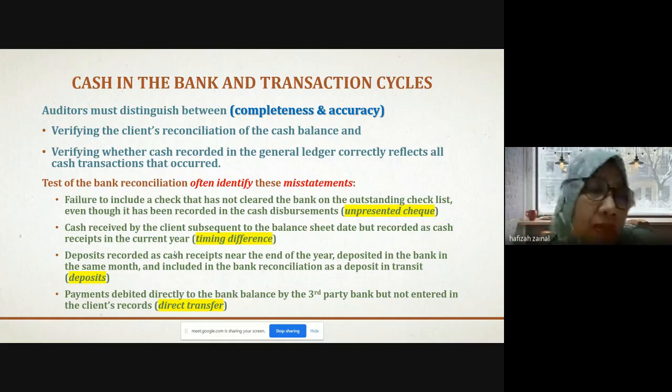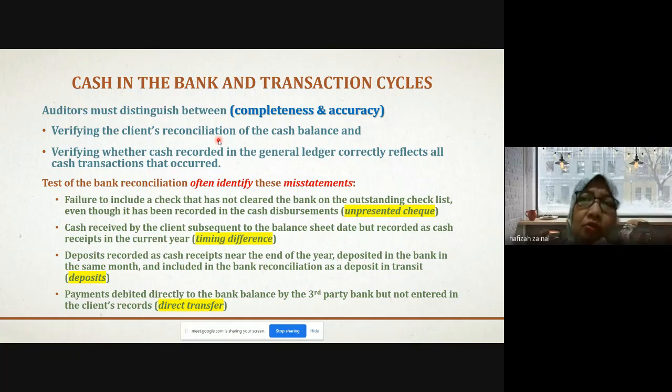So that's why when we do the audit of the cash at bank, most of the time we will do reconciliation. I hope that you still remember how to do your reconciliation. I have already mentioned reconciliation in suppliers when we do accounts payable, where you have supplier reconciliation. What does reconciliation actually mean? Reconciliation means that you have the third party statement, and then you have your own records.